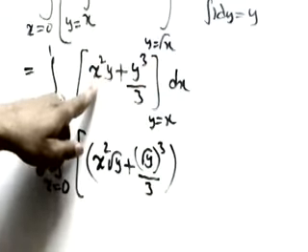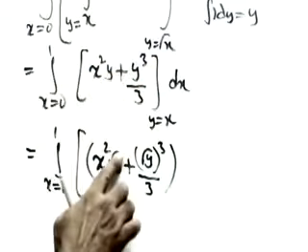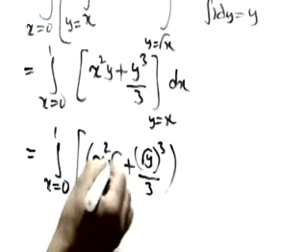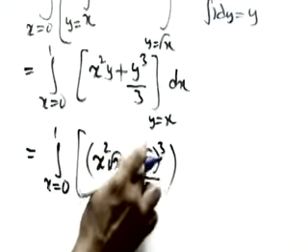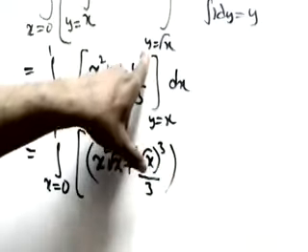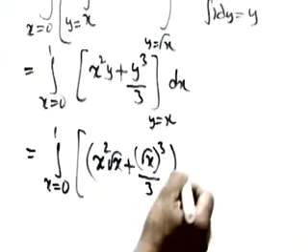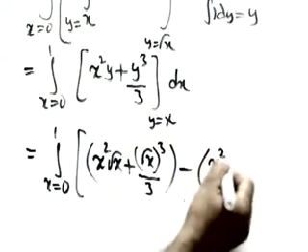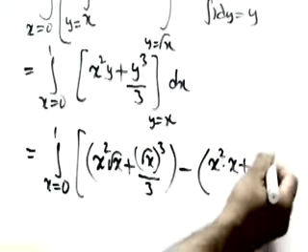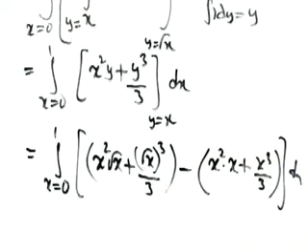Minus the lower limit, in place of y we put x, so this will become x squared into x plus x cube by 3.